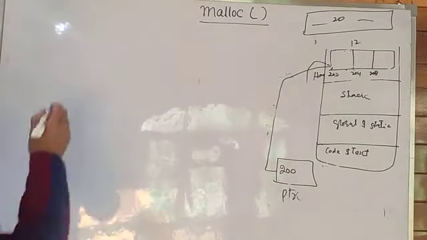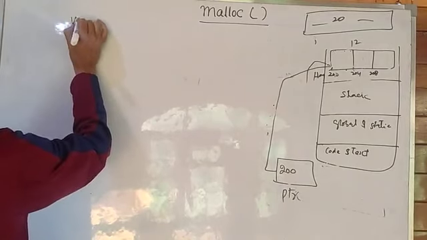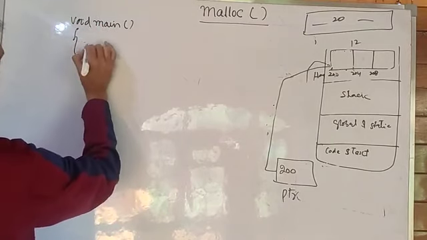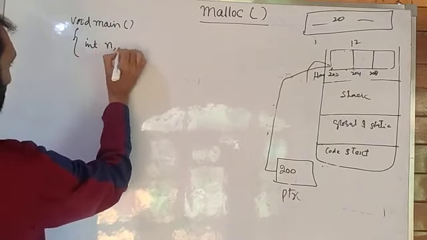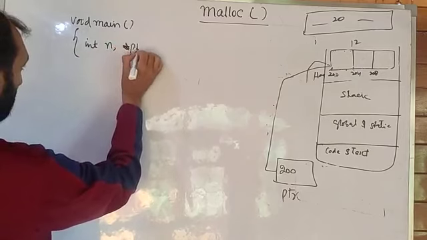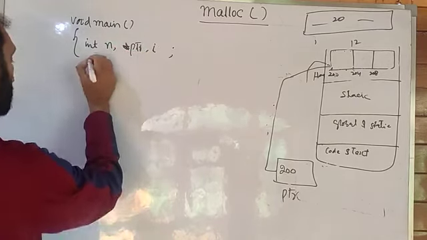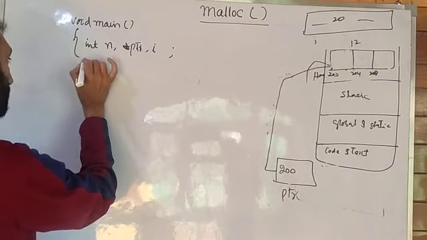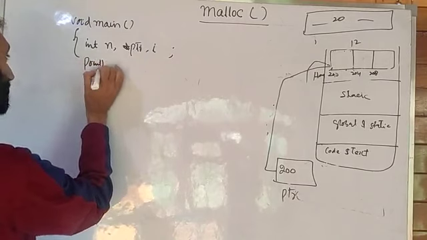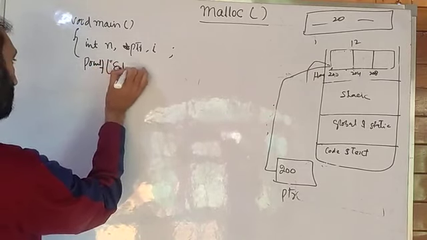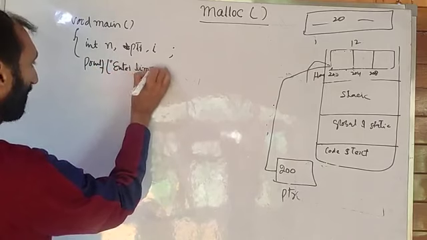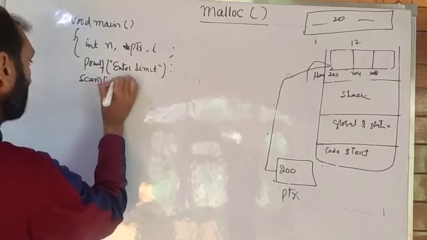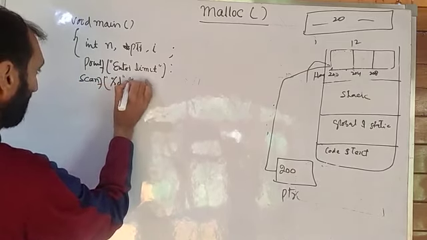Simply here, void main, int n, pointer ptr and i. printf enter limit, scanf percentage d, address of n.